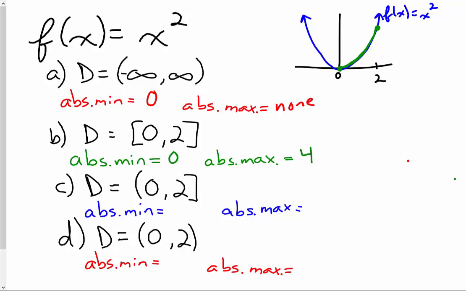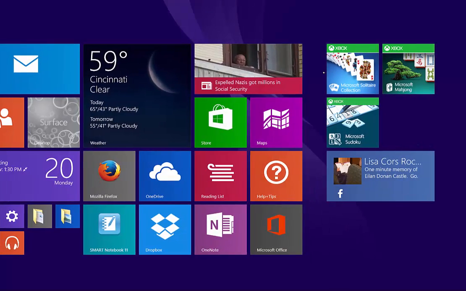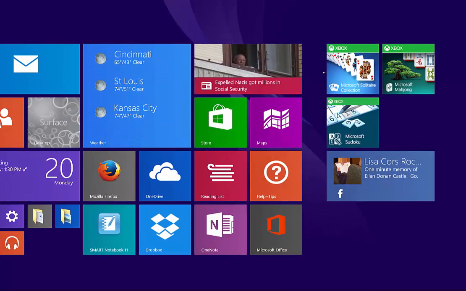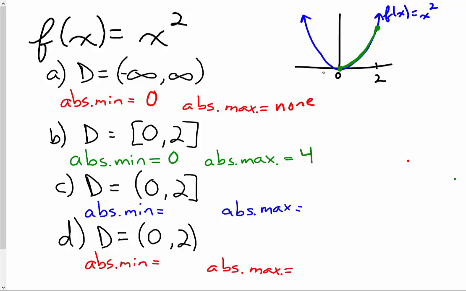But now let's say that instead of having that opened or closed at the endpoints here, let's say I open an endpoint, so not including 0, but including 2. Well, I still have an absolute maximum of 4 when x is 2.